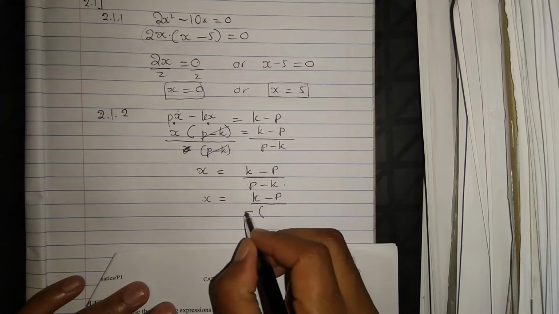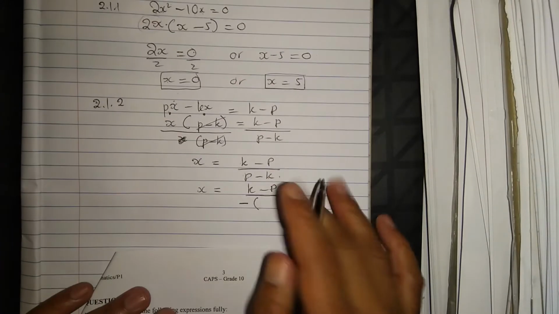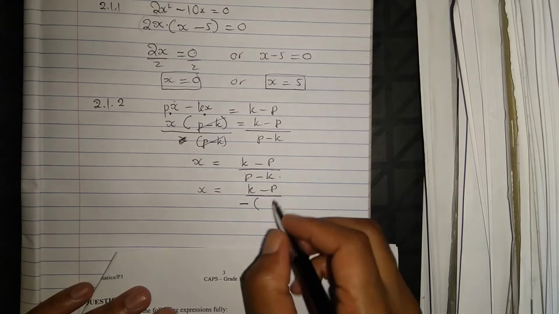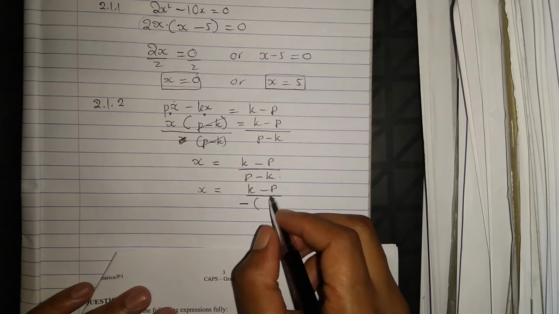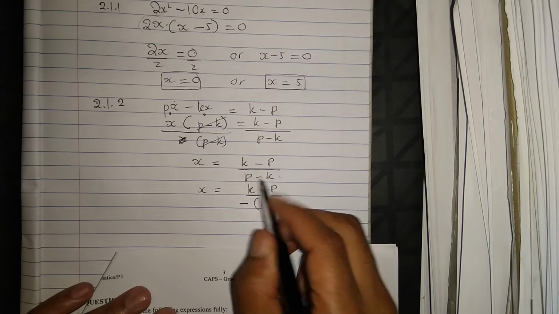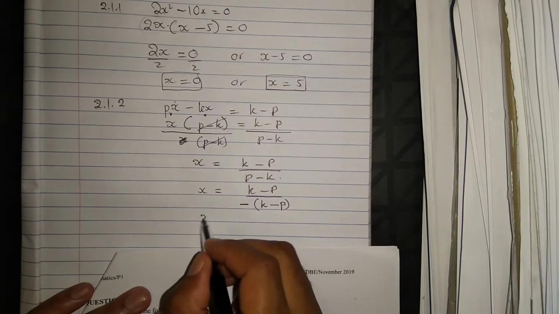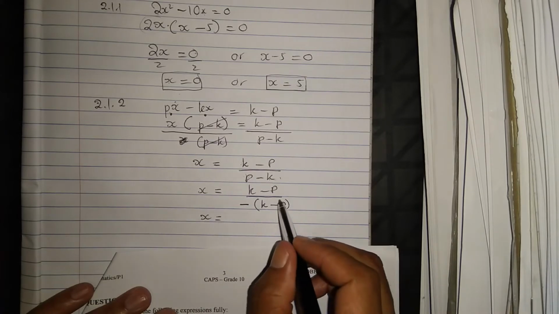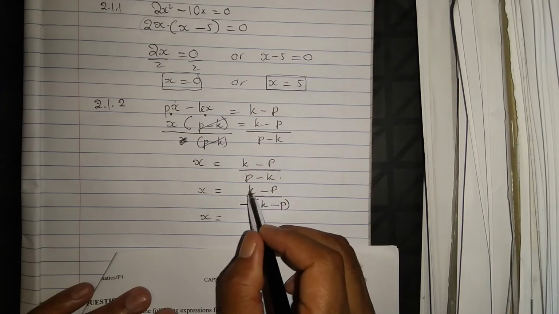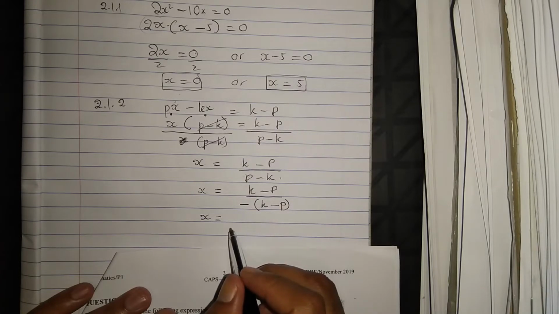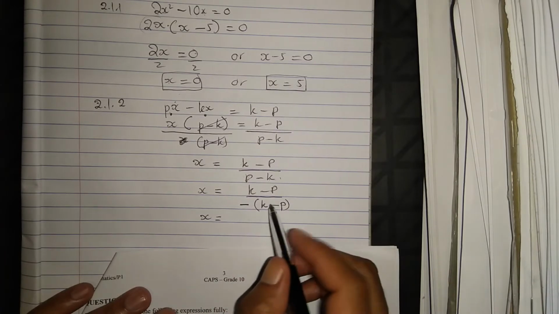So therefore, since I'm applying the sign change rule and these two terms also change signs, the k will be positive and the p will be negative. So therefore x will be equal to, you see the numerator and the denominator are now the same, exactly the same.